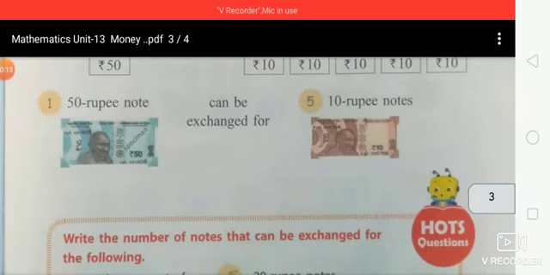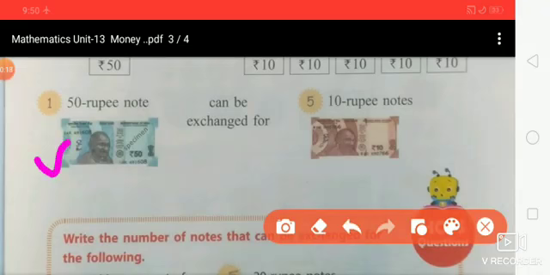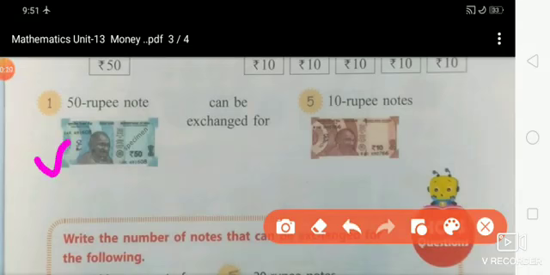It can be exchanged for 5 rupees notes. The 10 rupees note's color is red.